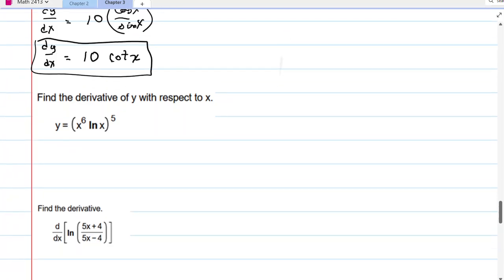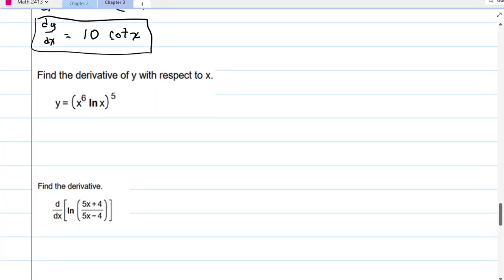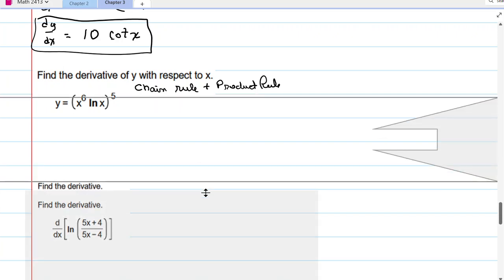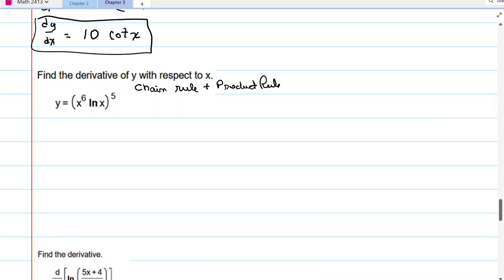Oh, wow. Here we go. We have chain rule and product rule. Good fun. So we do the outside, then the inside.